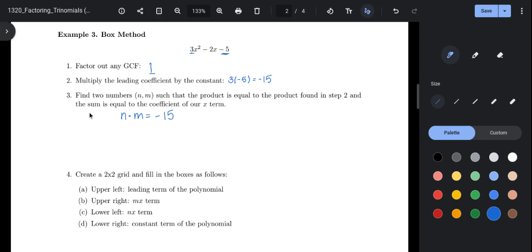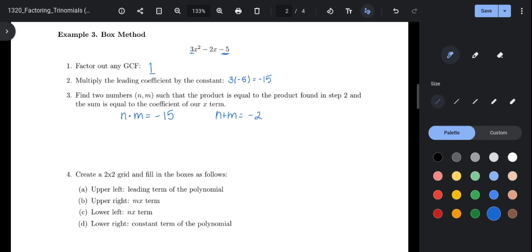And then it also says that the sum is equal to the coefficient of our x term. So when we add n and m, we should get our coefficient of our x term, which in this case is negative 2.